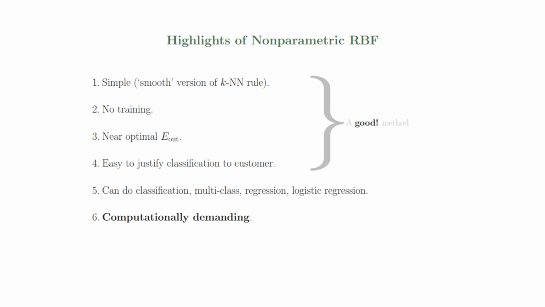Okay, just to summarize before we end this video, the highlights of non-parametric RBF are very similar to KNN. In fact, sometimes it's known as the smooth version of KNN, in the sense that I'm taking some neighbors, but their weights are not taken exactly. So it's simpler, and again, no training required. Remember the near optimal rule in k nearest neighbor: when k over n tends to 0, both k and n are increasing, but k is not increasing as fast as n.